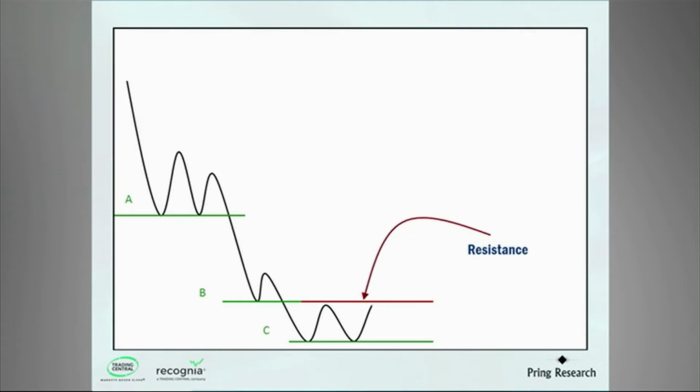Thus the second principle is that support reverses its role to resistance on the way back up. Just think of it this way. A floor in a building acts as a support zone, but when you fall through it, the floor now becomes resistance, otherwise known as a ceiling.